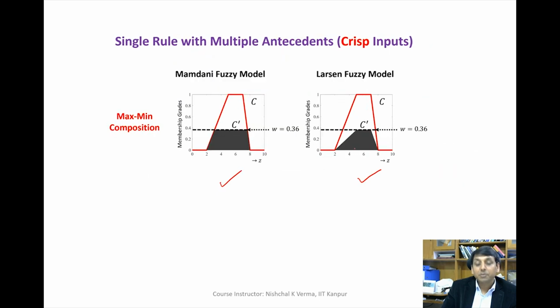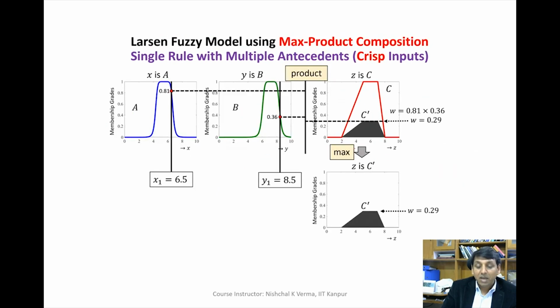Now let us move ahead, and for the crisp input, let us use the max product composition. So in max product composition, since we have already found the points of intersection, we can write here W1 and here W2.